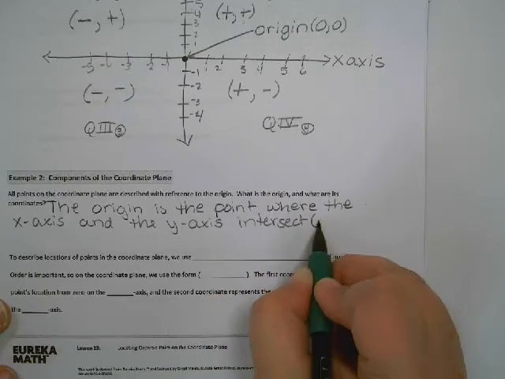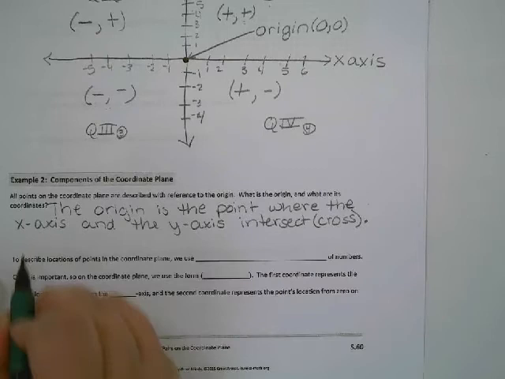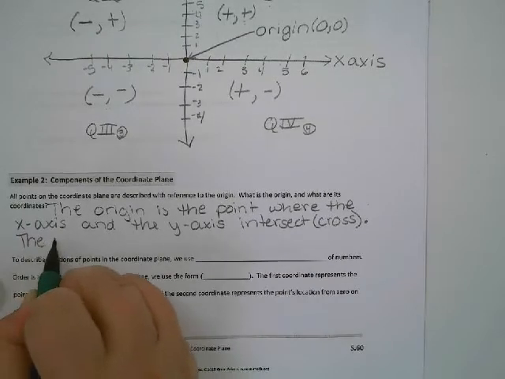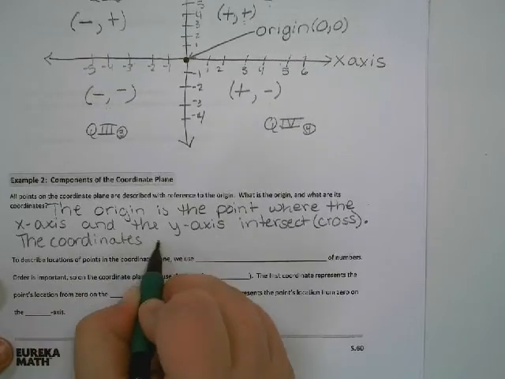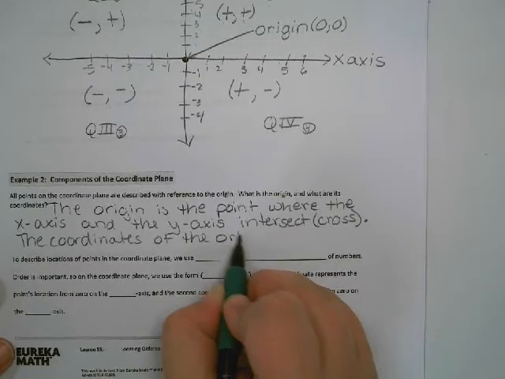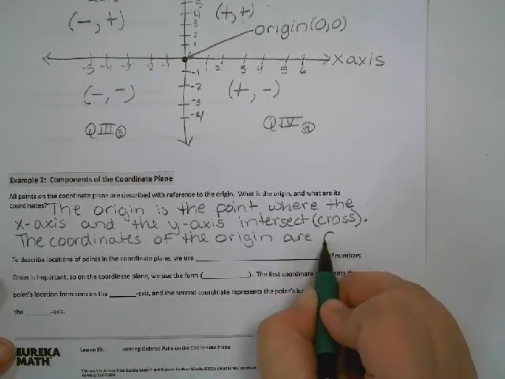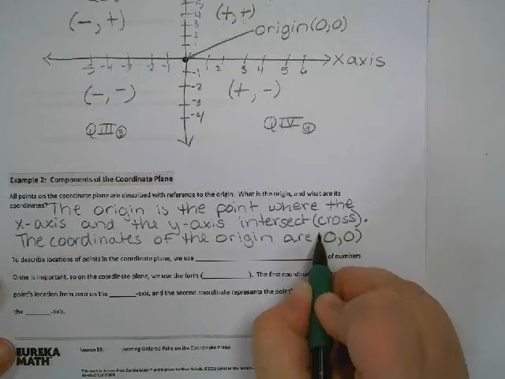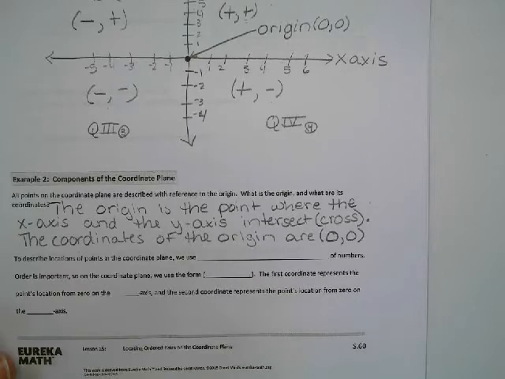And that word means cross. The coordinates of the origin are 0, 0 because it lies exactly in the middle of our coordinate plane.